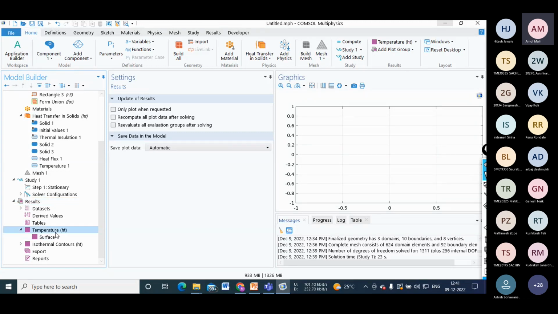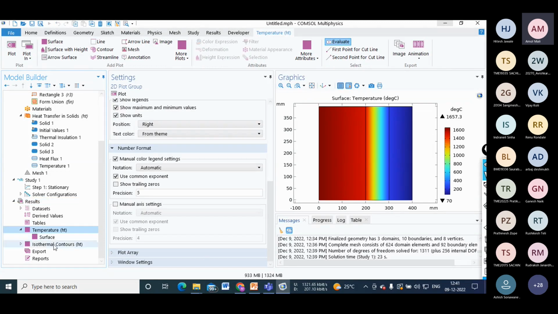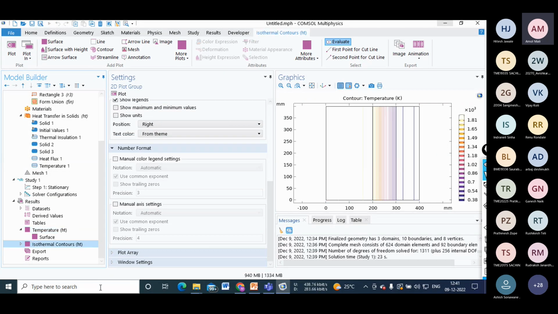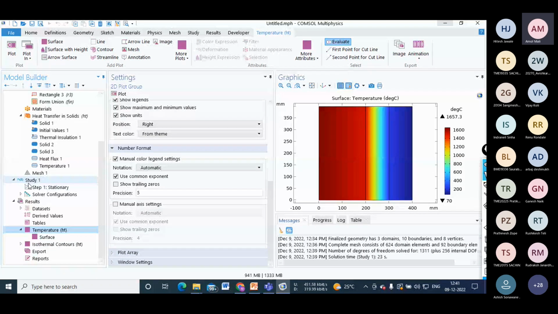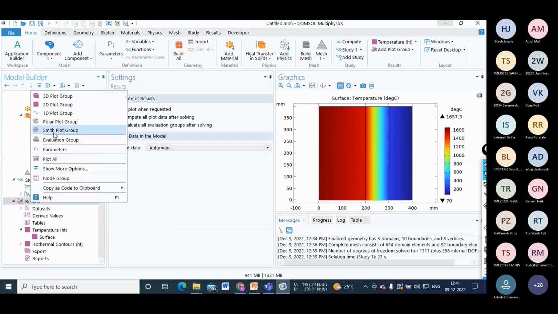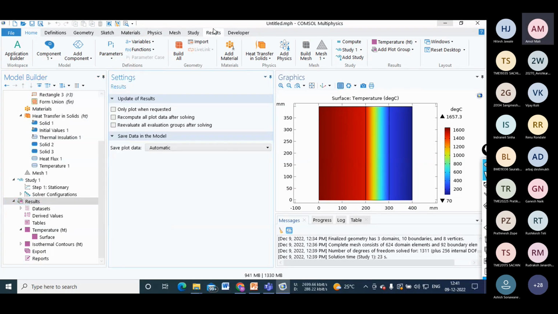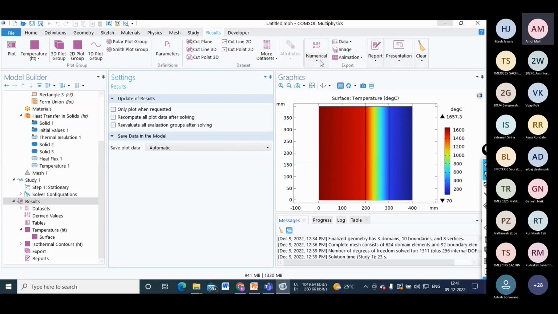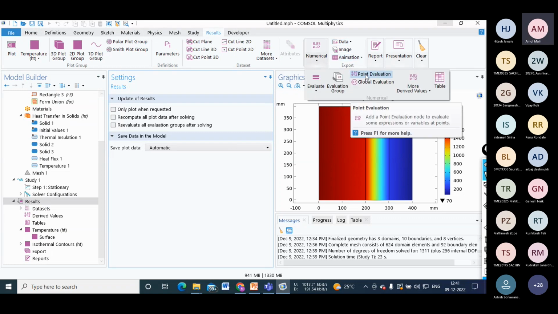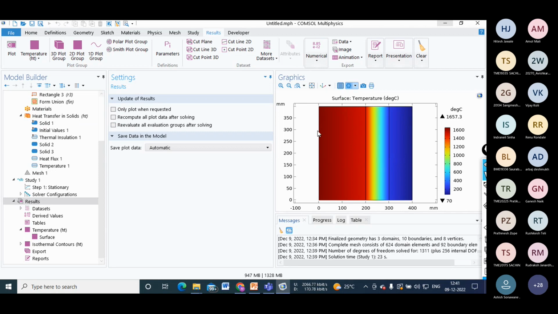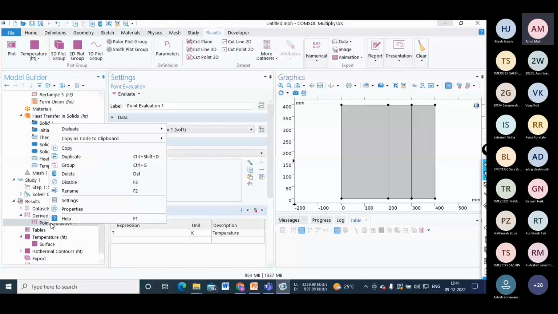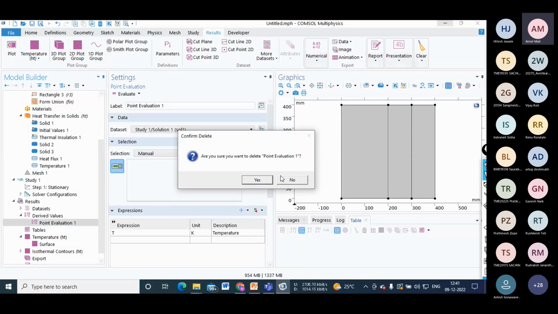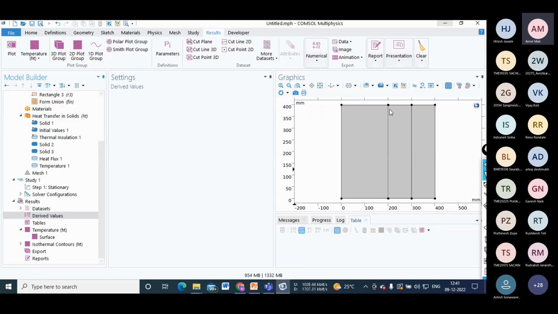Okay, now next I want to show you how to find the temperature of middle wall. So for that purpose you have to select the result portion and numerical data for point evaluation. Rather than point evaluation, what we will do, we will select the edges. I want to find the average temperature on edges.